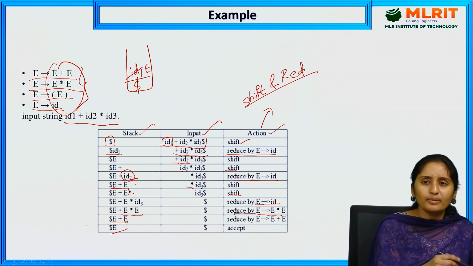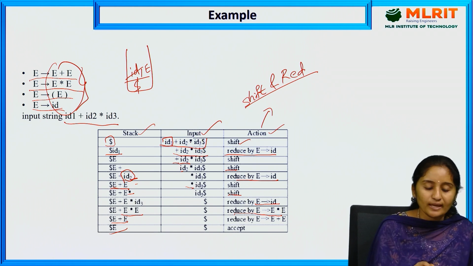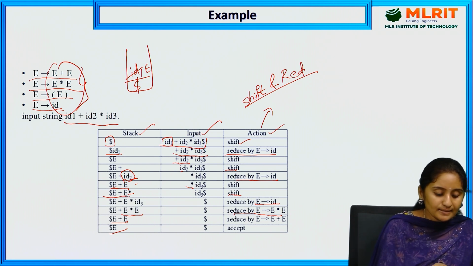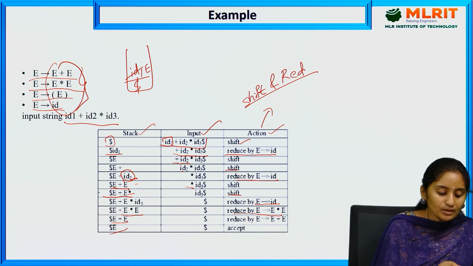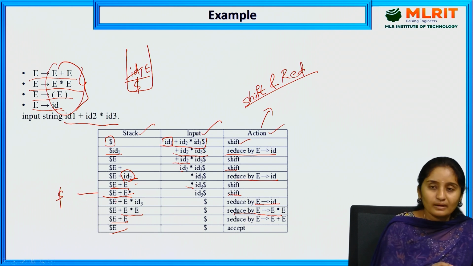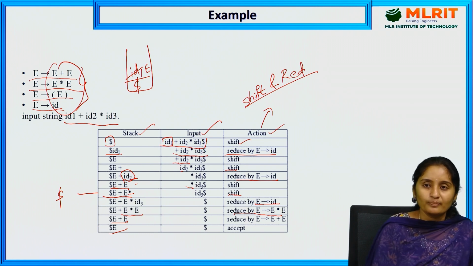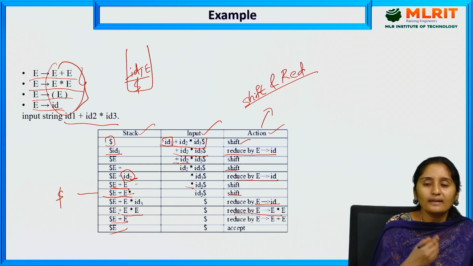So these are all the bottom up parses. I take the input string and reduce until I reach my start symbol. See here, E plus E is there. This also gives me the same result. See here, $E plus E. Can I reduce? Yes, we can reduce. Both give me the same output. In this grammar, I directly inputted everything and then reduced.